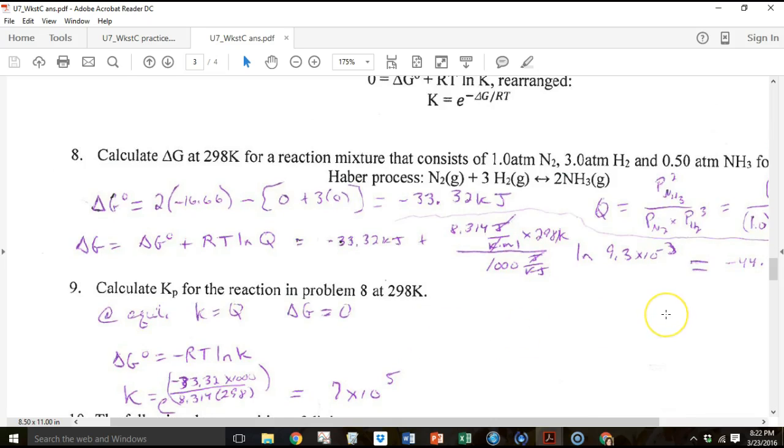So what that tells me about this reaction, again, don't forget what all this means, is that the equilibrium position at these conditions lies to the right. Very large, greater than 1. The equilibrium constant tells me that the reaction equilibrium lies to the right. And so that's important to remember.